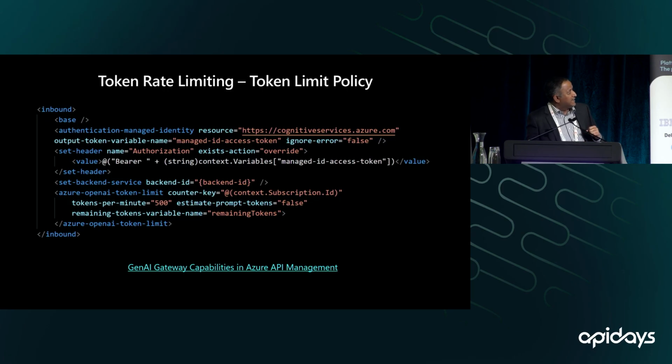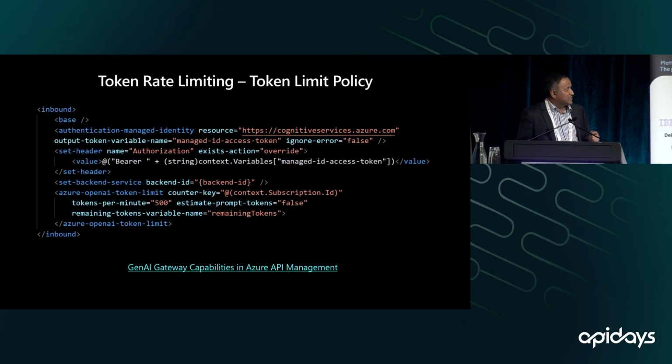And again, if you look at the last 4 lines, there is this tokens per minute. We can define different time frames. In this case, I am taking tokens per minute and setting that limit as 500 tokens per minute. This can be extended to tokens per hour, per week, per month, depending on our needs.